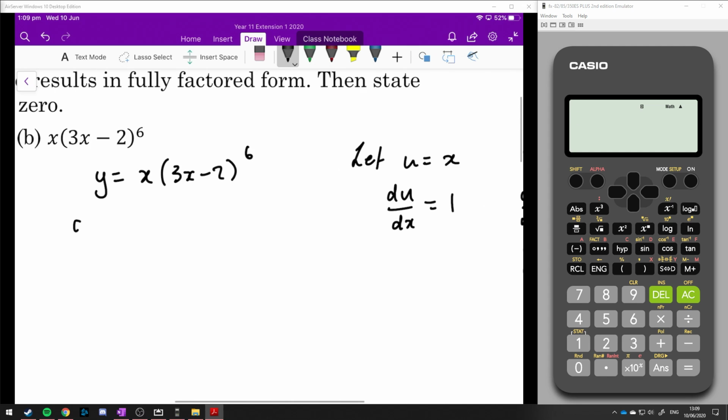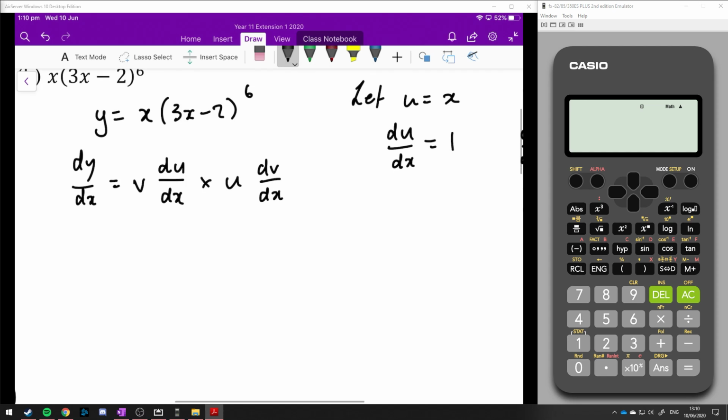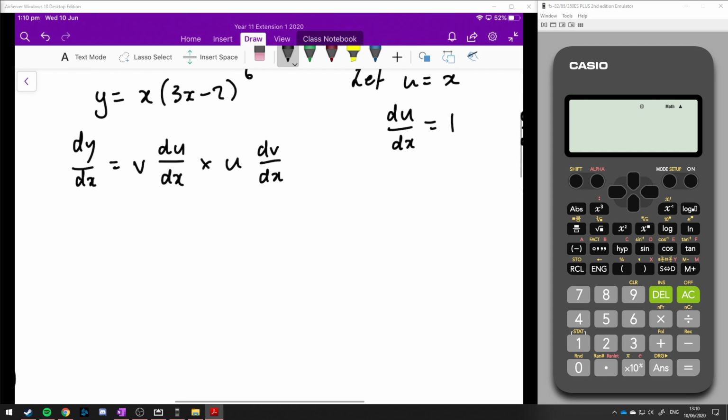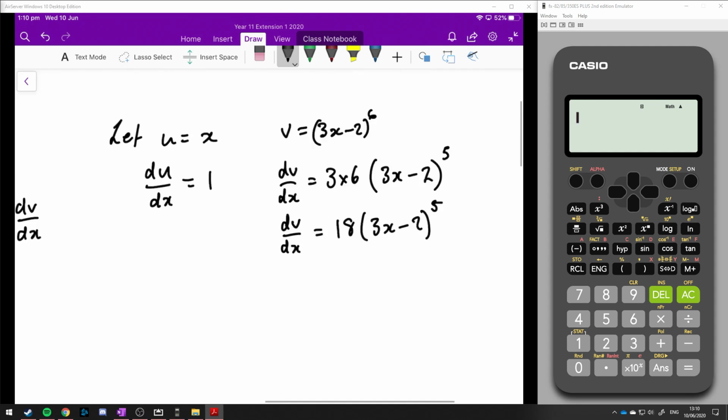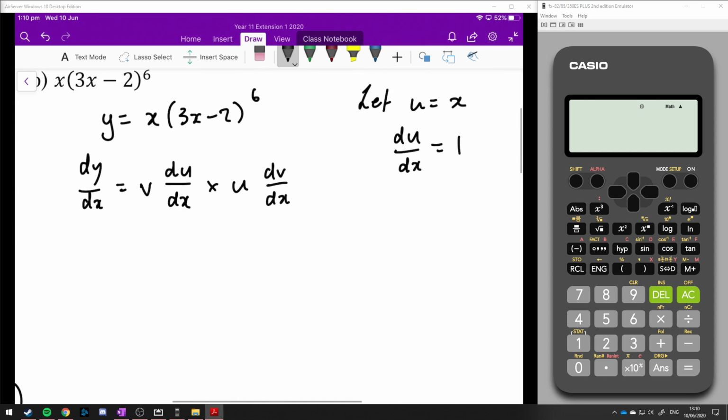So back over here, if y is equal to that, then dy dx is equal to, using our product rule from before, v lots of du dx plus u lots of dv dx. So dy over dx is equal to that. So what that means is we can start substituting some values in.